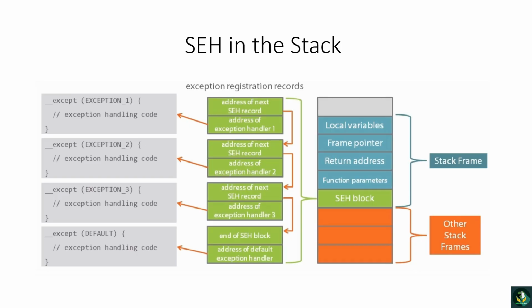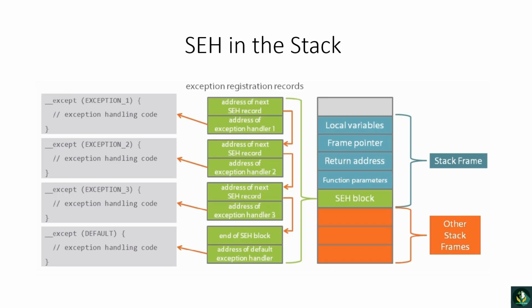Linking the records in this way makes it possible for the operating system to move through the record list when searching for the proper exception handler. A second memory address points to the code in an exception handler that is used to handle the specific exceptional condition.